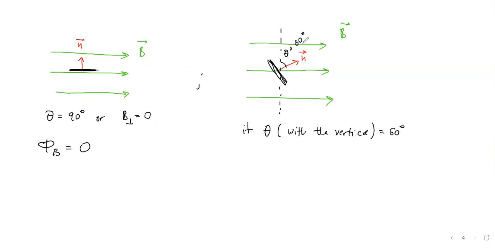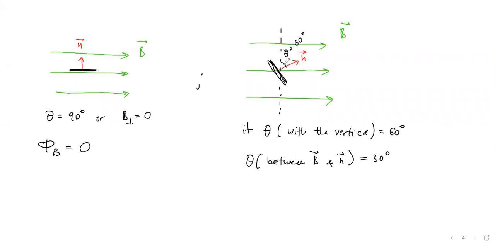What is the angle theta which I have to plug into the equation for the flux? It should be the angle between what and what? Between the B field and n. Yeah, and what is this angle? 30. So the angle which I'm looking for is the angle between B and n. It's 30 degrees. What is given to me is the angle between the normal and the vertical line.